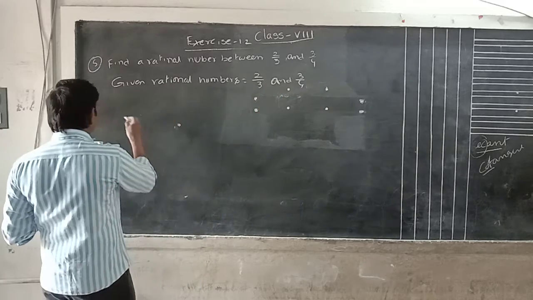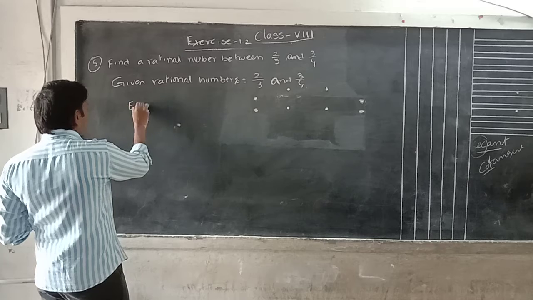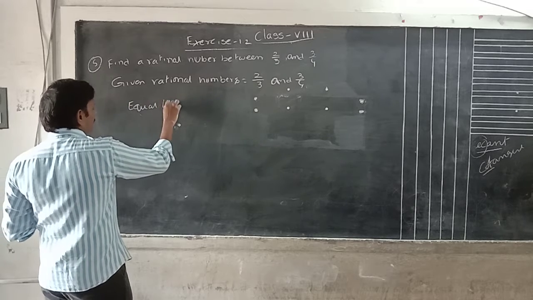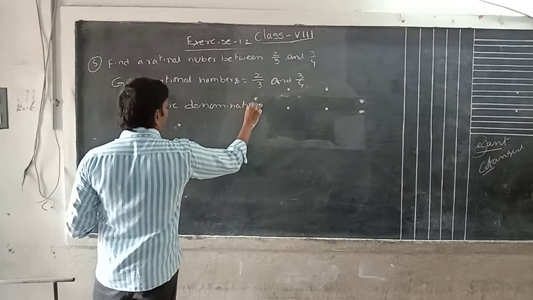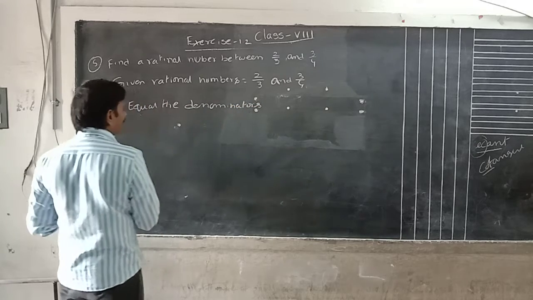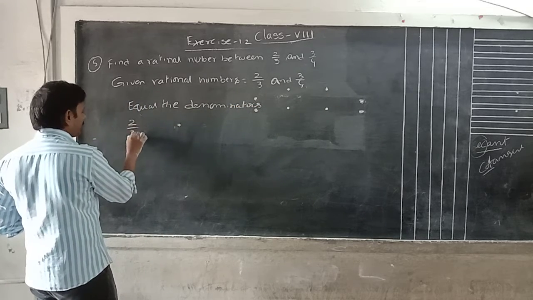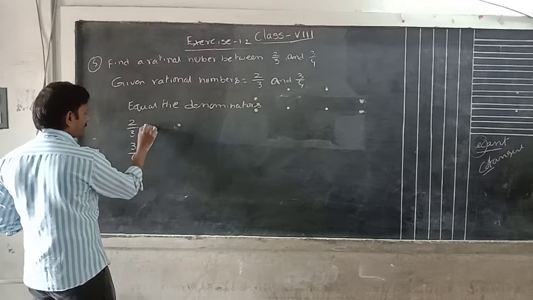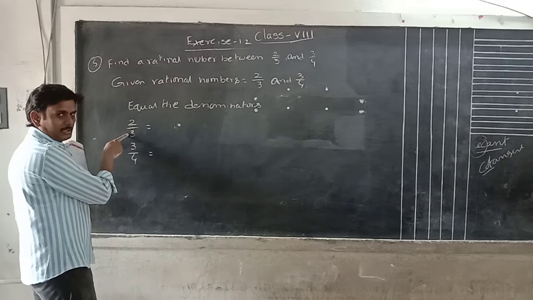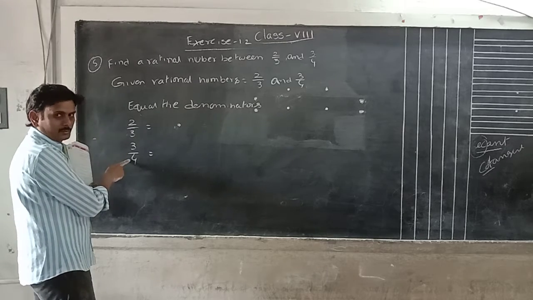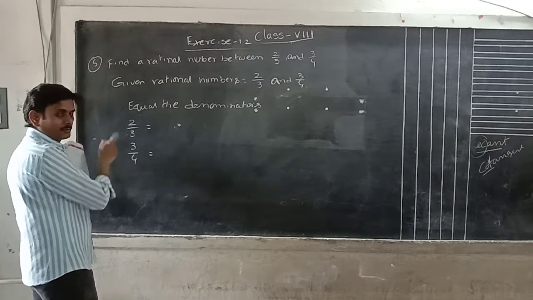Equal the denominators. Equalizing the denominators means, what are the fractions here? 2 by 3 is one fraction, 3 by 4 is another. The denominator here is 3 and here it is 4. You have to take cross multiplication.